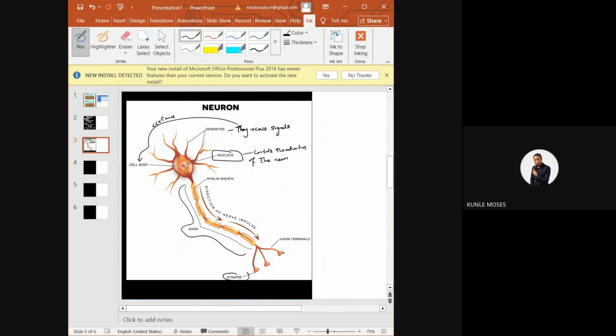And that is why the axon terminals and the synapse are intertwined, connected to each other. The synapse is like a small gap between one neuron and another neuron. It is this region where two neurons can join together. The gap ensures proper communication between one neuron and another.